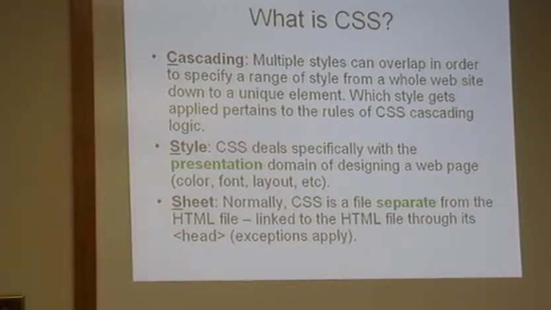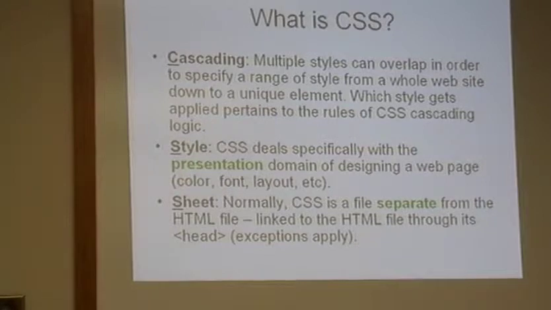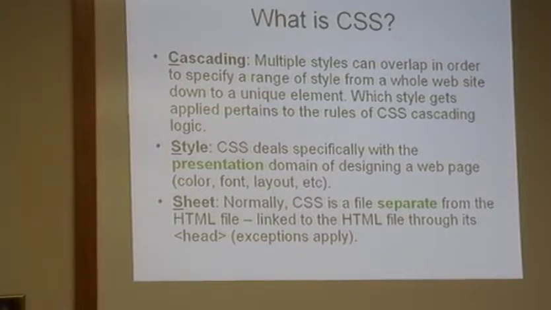It just means that multiple styles can be created and overlapped so that you can have a global website style that applies to all your elements, or you can be even more specific, applying a style to a specific element. And these can overlap, and based on how you select the element will be when that style is applied.